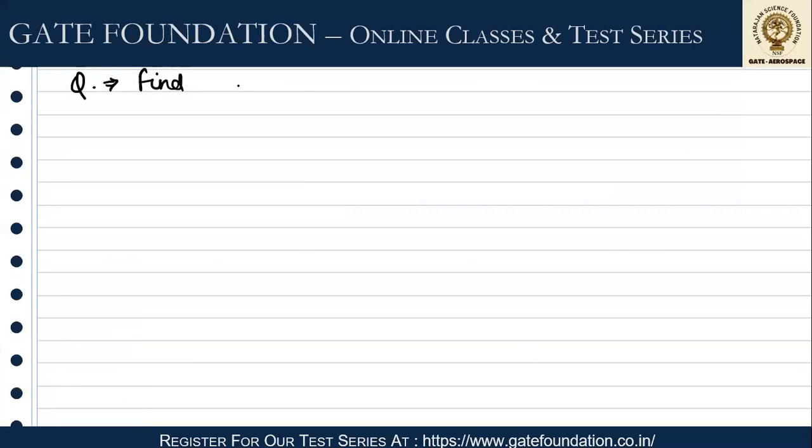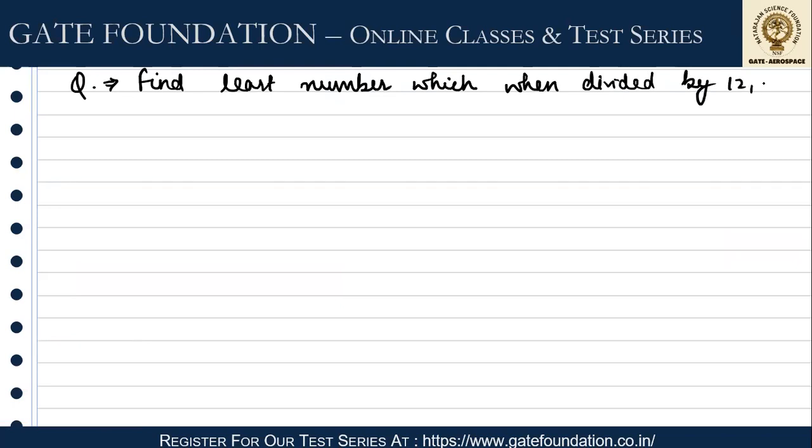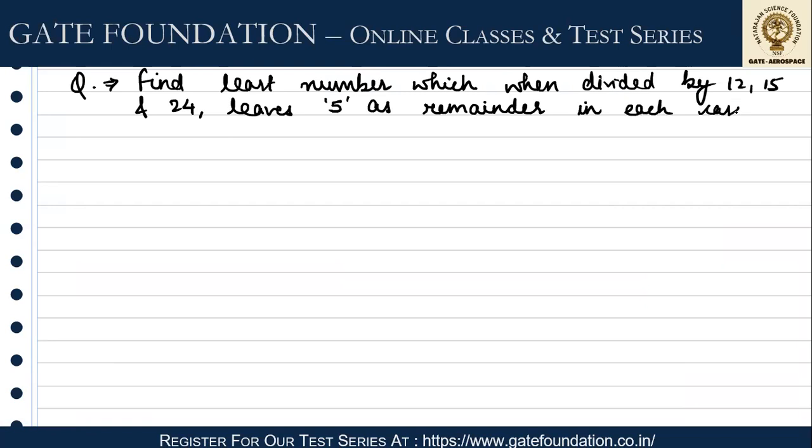Find the least number which, when divided by 12, 15, and 24, leaves 5 as remainder in each case. Right. So let's try to solve this one. Tell me how we can solve this.